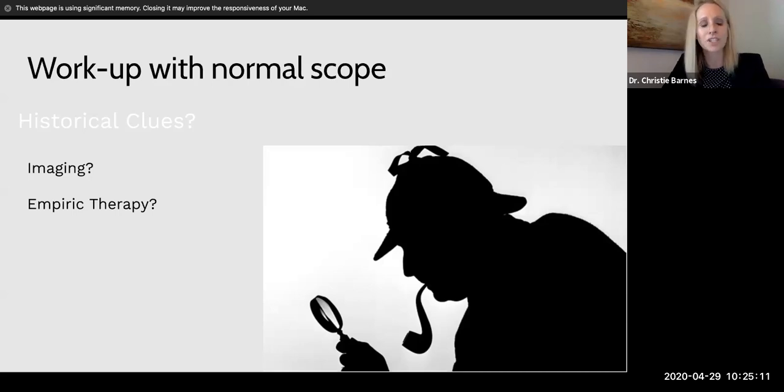She's meeting most criteria for migraine. So you could consider empiric therapy, and if she didn't respond, consider either a referral to a neurologist for headache evaluation, and or upping the game as far as the different therapies that you can try for migraines.